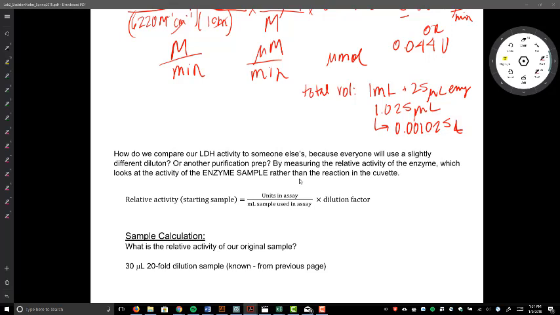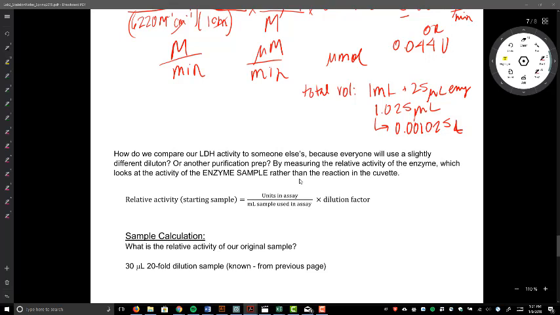So calculating the relative activity allows you to figure out how much LDH is in your starting sample, but it also allows you to compare your results to another group's results. And the way that we calculate the relative activity is by taking the units in the assay and dividing it by the milliliters of enzyme that you added to the assay.